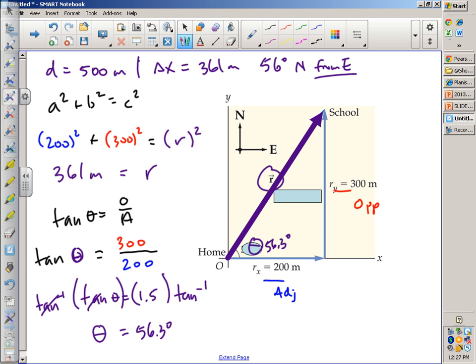If you start off with from east, right, north from east, that means that originally I was going to be facing east. And then I'm going to turn. Which way am I going to turn? Towards the north. So this is turning towards the north from east, 56.3 degrees north from east. Okay?